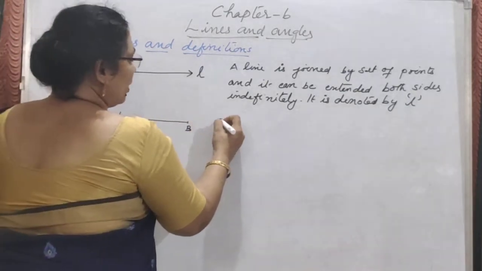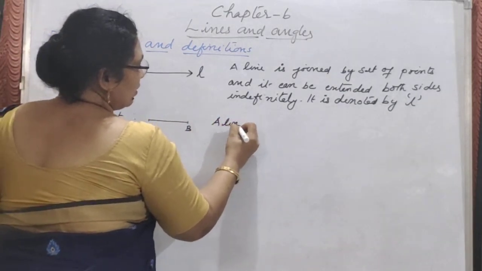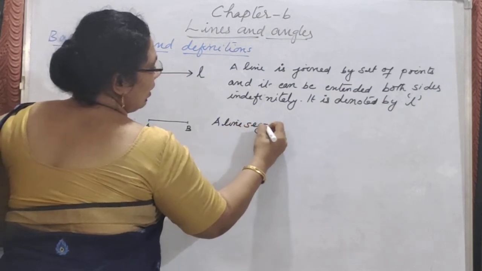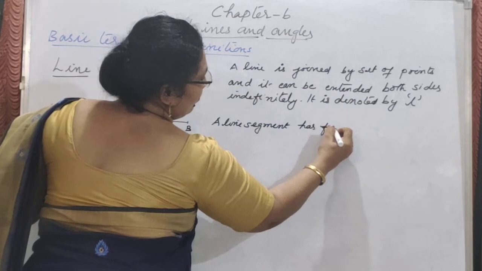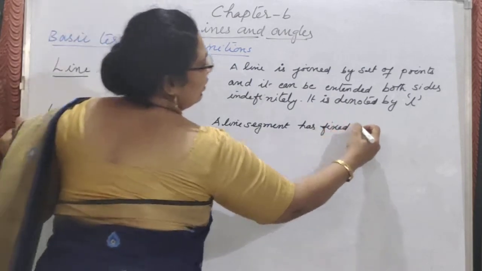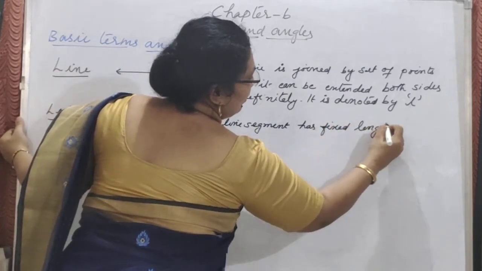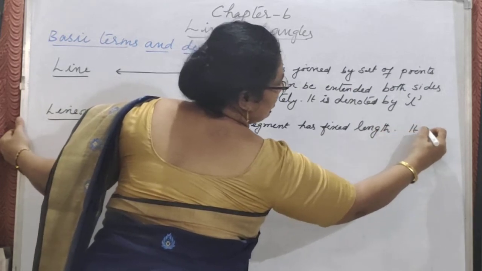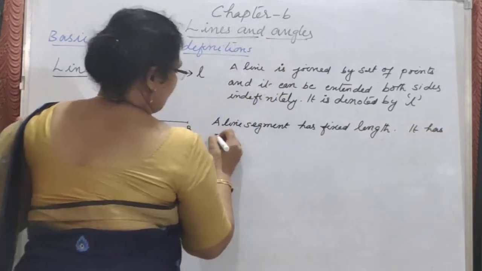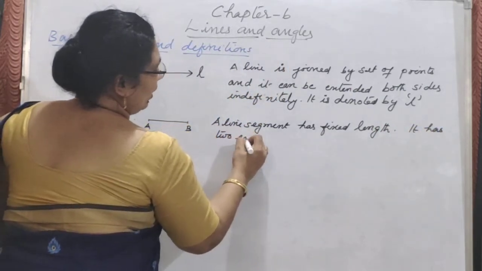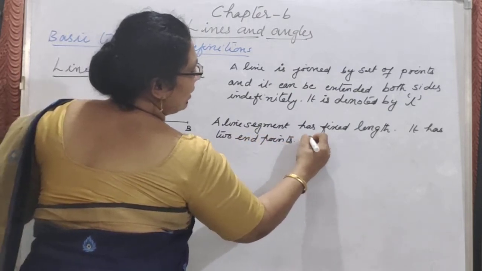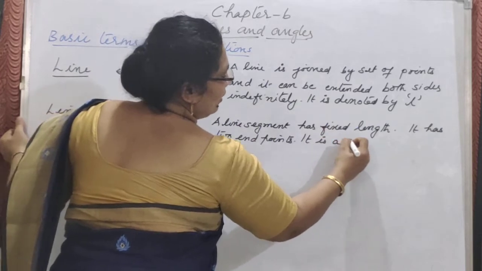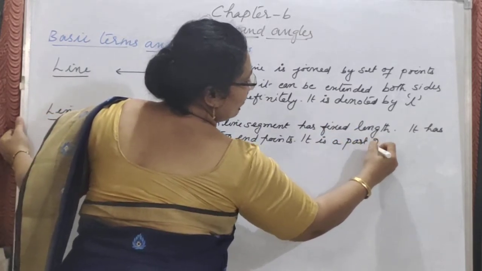So a line segment has a fixed length, right? Fixed length. It has 2 endpoints. Within those endpoints is its length. Now, what I told here, it is a part of a line.